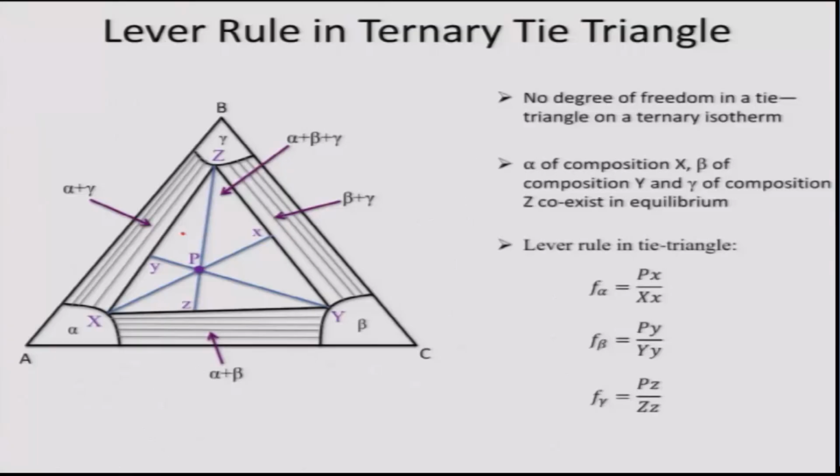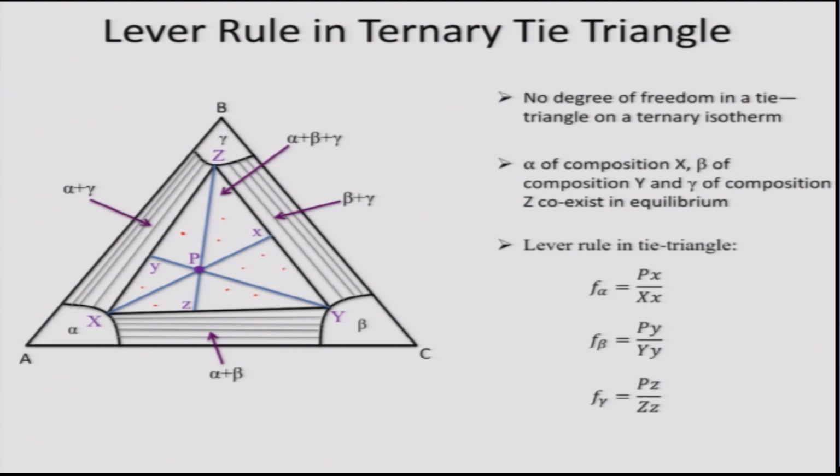That means if there exist 3 phases in equilibrium at a constant temperature, their compositions are fixed. In other words, if I select any composition in this 3 phase region, denoted by x, y, z here, I know that there exist 3 phases in equilibrium: alpha with composition x, beta with composition y, and gamma with composition z.